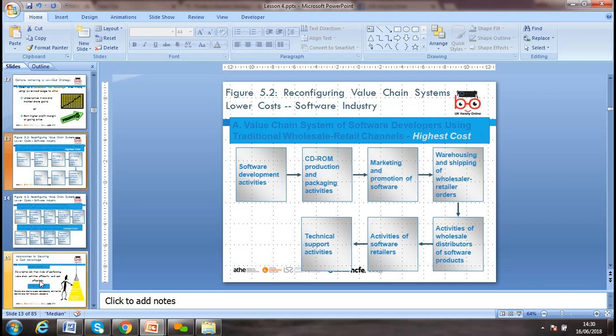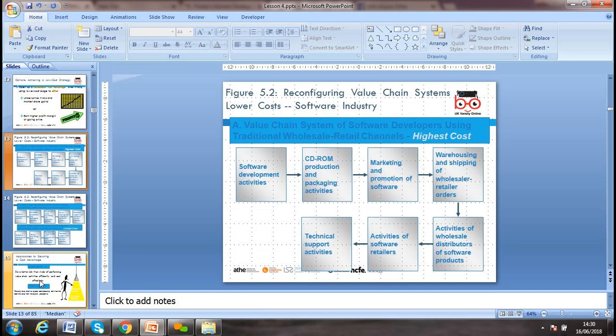Okay. Reconfiguring the value chain model. We discussed the value chain during our previous lesson. We need to focus on the primary activities and the supporting activities. For example, the value chain of a software developer using the traditional wholesaler and retailer route has the highest cost: software development activity, CD-ROM production and packaging activities, marketing and promotion, software warehousing and storage, technical support activities, activities of the software retailers, and activities of the wholesaler.